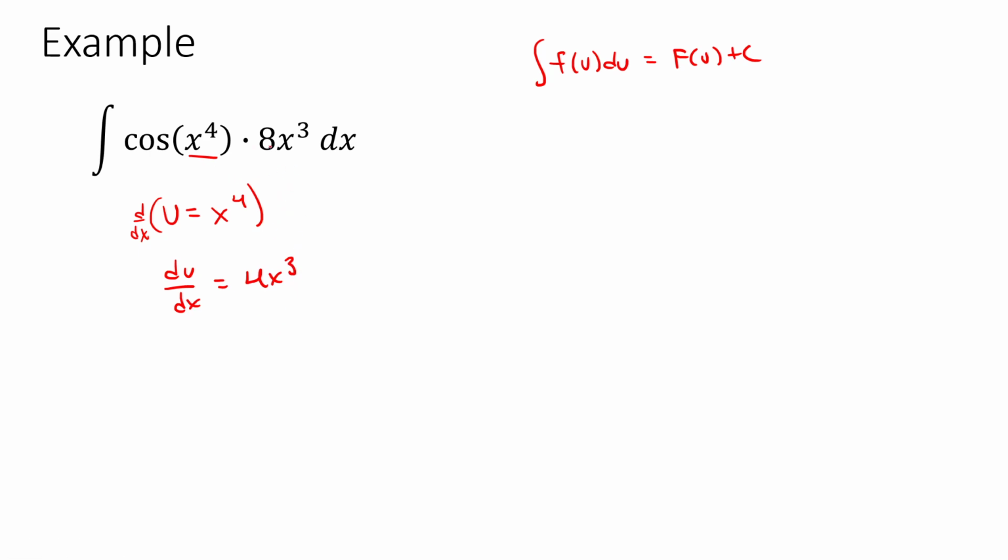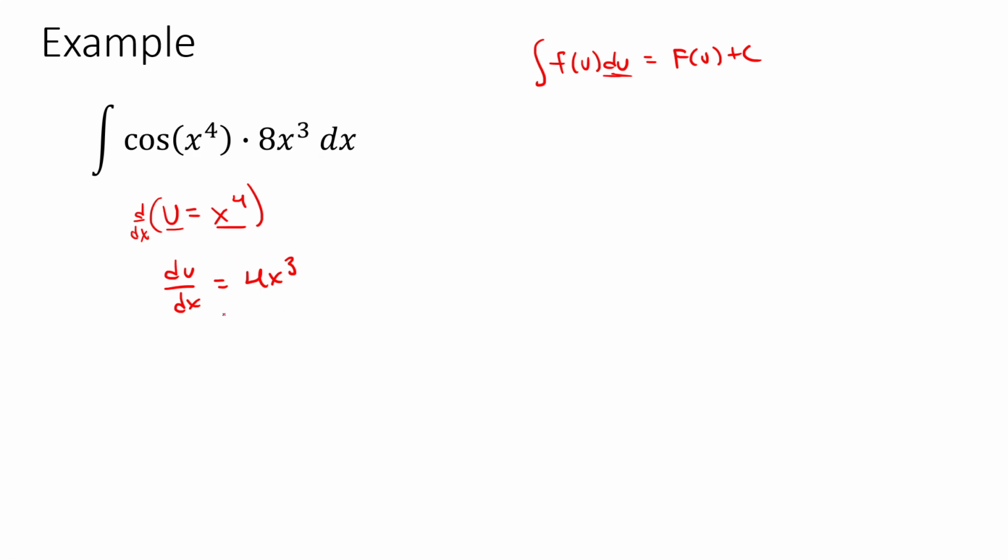But I need to replace this stuff and make it into just du. All right, so now that I've called u x to the fourth, this is going to turn into cosine of just u. So that's my f of u. But I've got to get rid of this stuff and turn it into just du. Okay, so this is 4x cubed. This is 8x cubed.